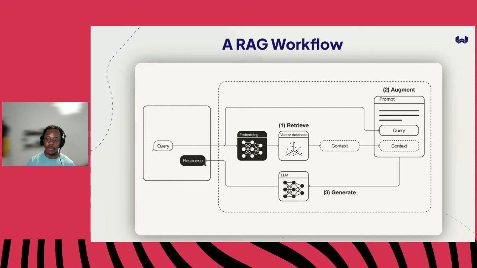And this helps us solve, one, the issue of the cutoff of training data in large language models. It helps us solve the issue of privacy and data ownership, where we can restrict the interactions we have with third-party integrations. And of course, we have more contextually relevant, more accurate results with this RAG-like workflow.